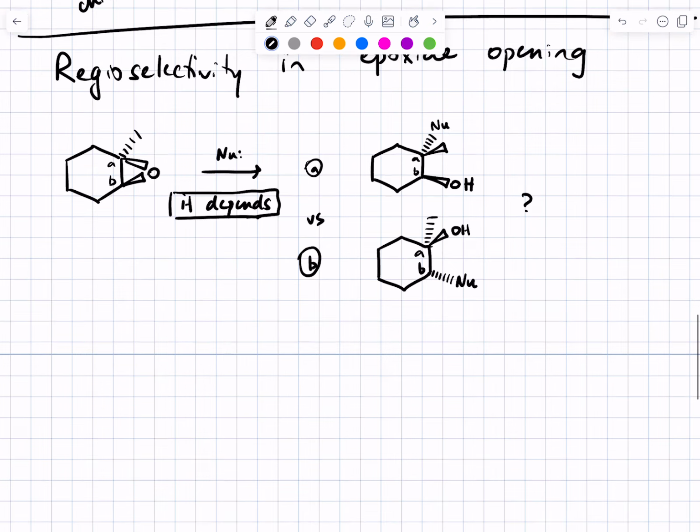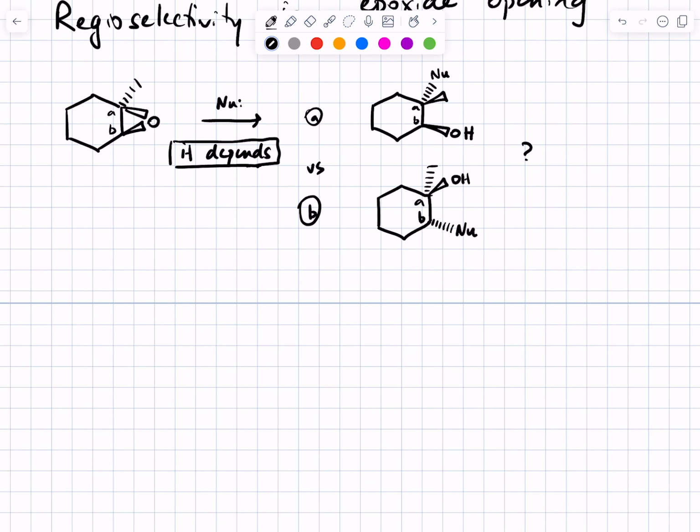So we have two different methods for opening of epoxides. Method one is using a strong nucleophile, and generally we're thinking about things that are negatively charged.